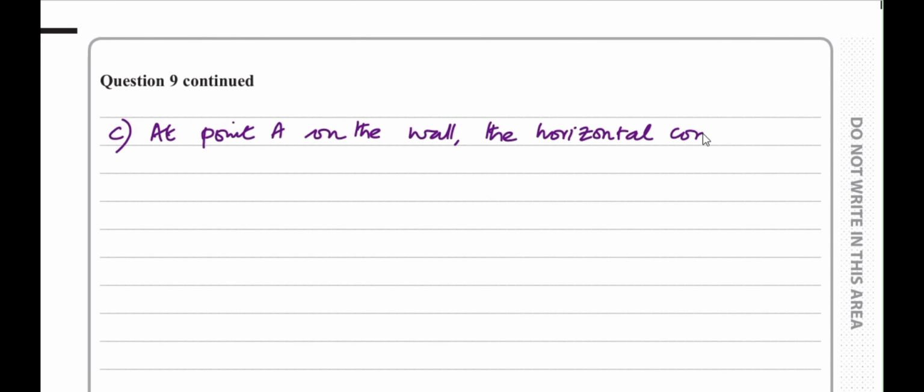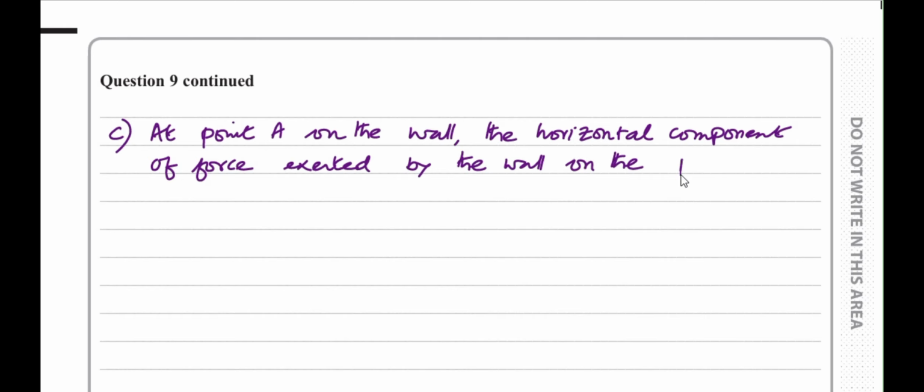We already know that at point A on the wall, the horizontal component of force exerted by the wall on the plank is 2 mg.